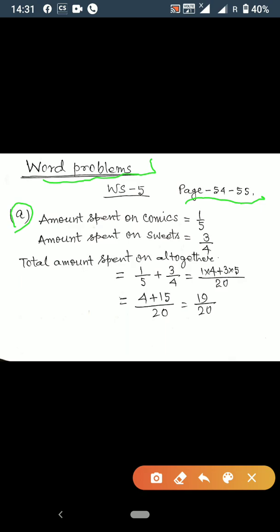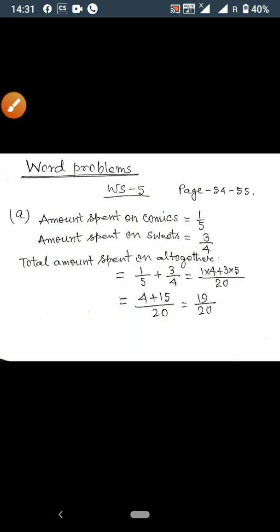So it can be written as 1 multiplied by 4 plus 20 divided by 4, quotient is 5. So it can be written as 3 multiplied by 5. 4 1s are 4, 3 5s are 15. 4 plus 15 equal to 19 by 20.